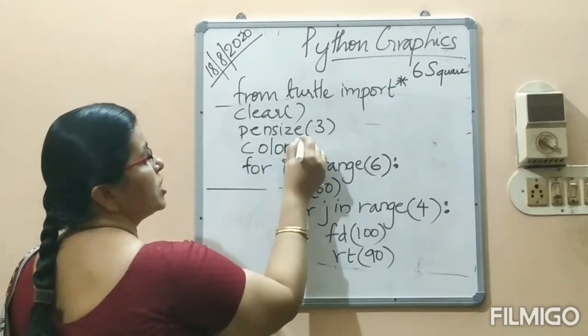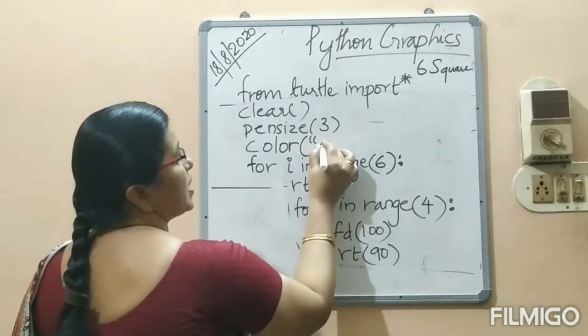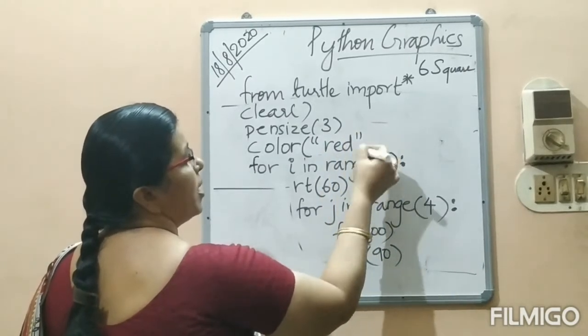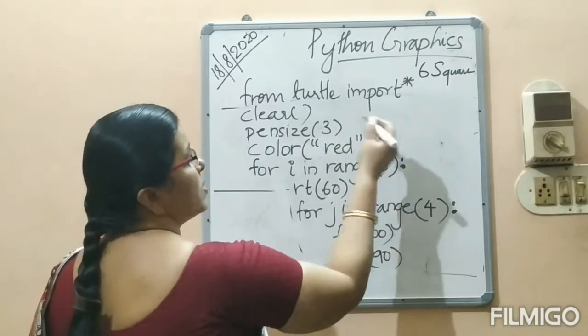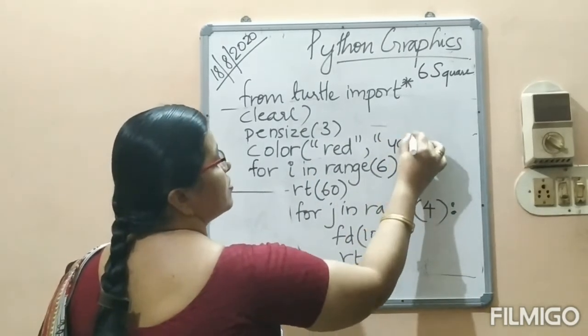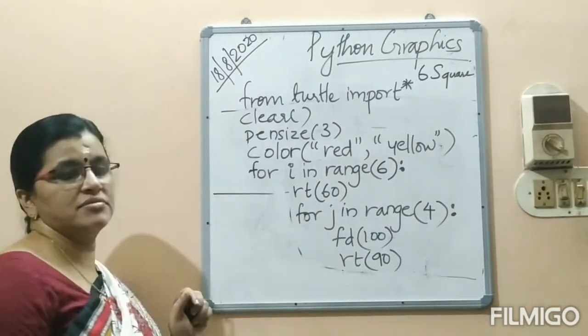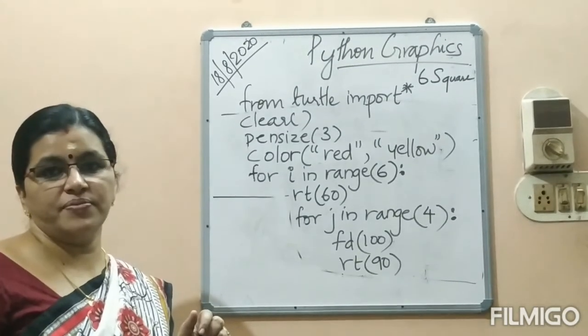In color, no U is there. Inside the double quotes, I am giving the fill color as red, comma, then the border color as yellow. Okay. Did you get it? This is the way to write.